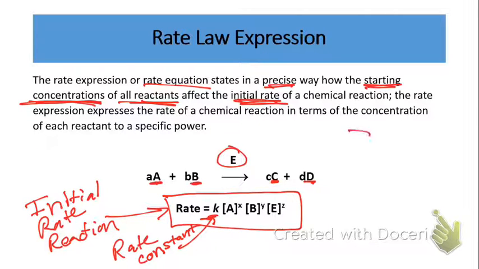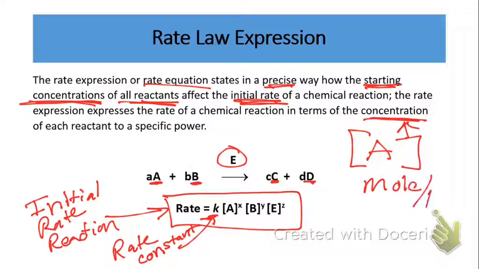Now, the brackets that you see here, whenever you see brackets with a reactant or product, or even a catalyst in those brackets, the brackets represent concentration, always, okay? And specifically, the concentration is going to be in moles per liter, or in the IB sense, moles per cubic decimeter.